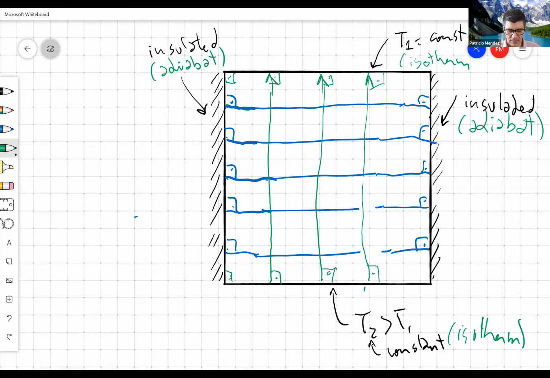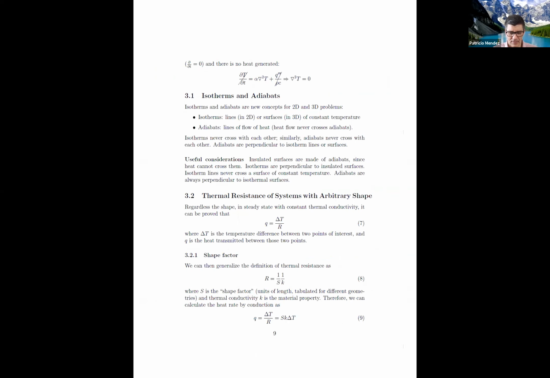Okay, so let's go back now to our notes. So here we're back. Let's get the pointer.